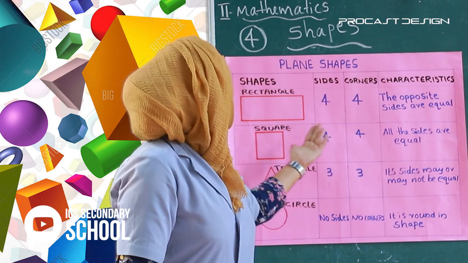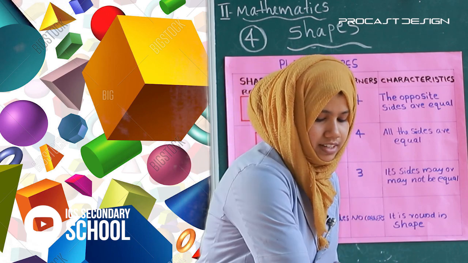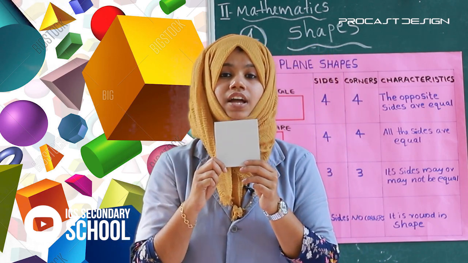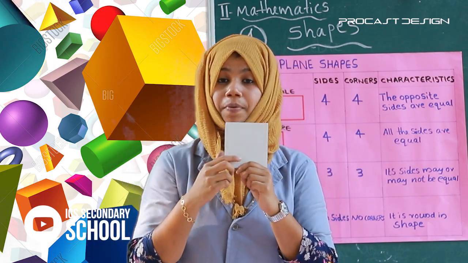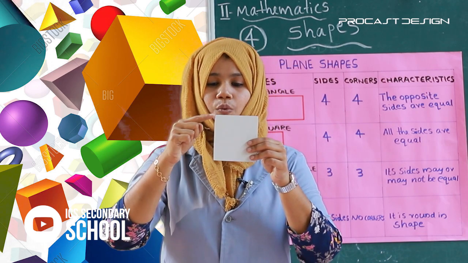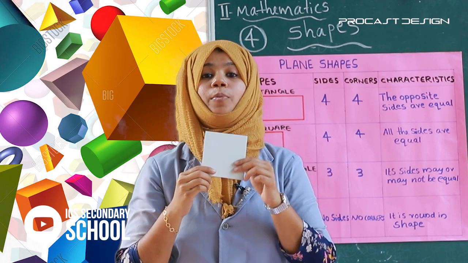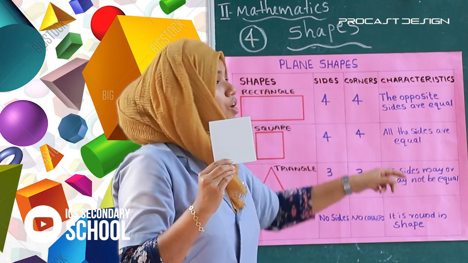The next is square. This is the square shape. The same case: how many sides are in a square? Yes, 4 sides are there: 1, 2, 3 and 4. How many corners?